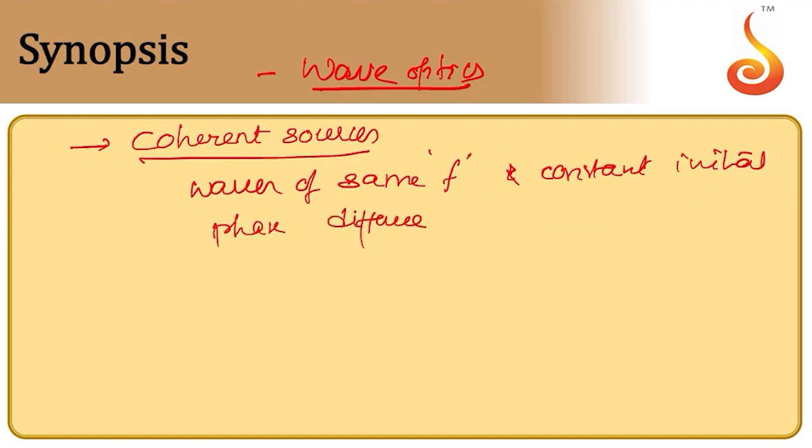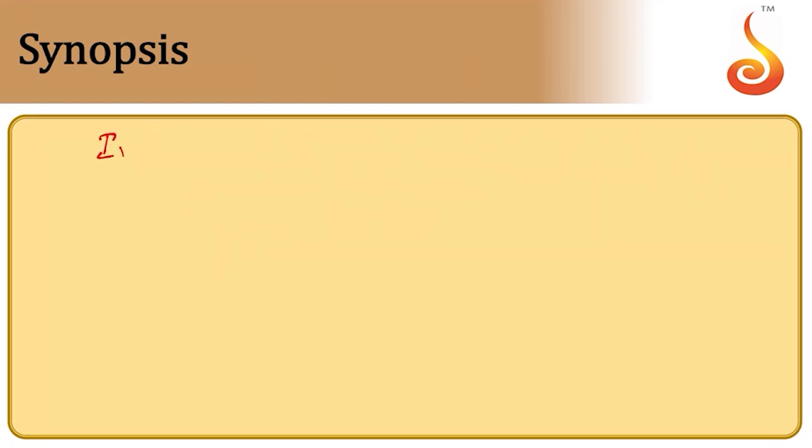They are known as coherent sources. Two sources are said to be incoherent if they have different frequency and the initial phase difference is also not constant. As I said, the important applications are in the form of interference, particularly Young's double-slit experiment.